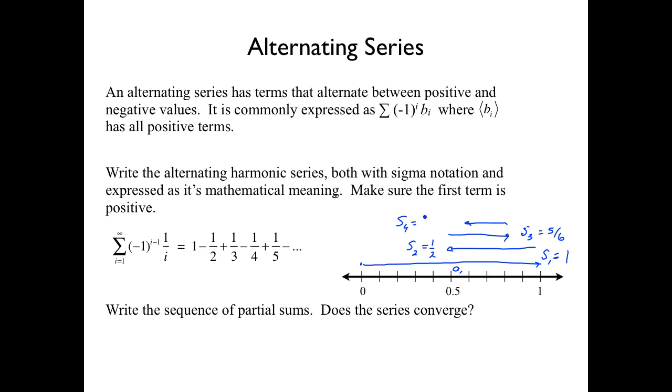Anyone know what it is? I don't know. I'm going to write it out. This is just as valid. I can write out 5/6 minus a fourth, a perfectly valid way to write that if I can't figure it out in my head fast. Then what's S5? I'm going to take that number and add a fifth. So S5 is going to be 5/6 minus a fourth plus a fifth.